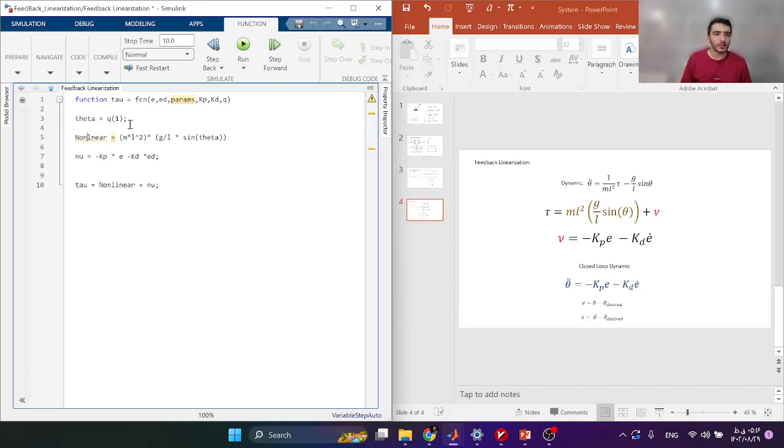Nonlinear, okay, I have a typo here, nonlinear is correct. Now ml times g divided by l times sine of theta. And now we have the controller.